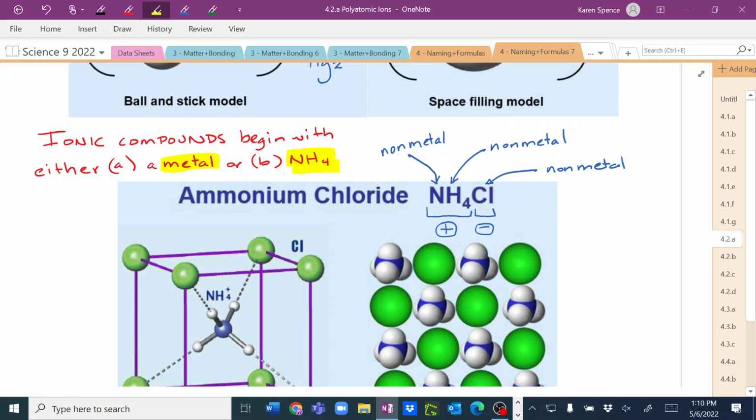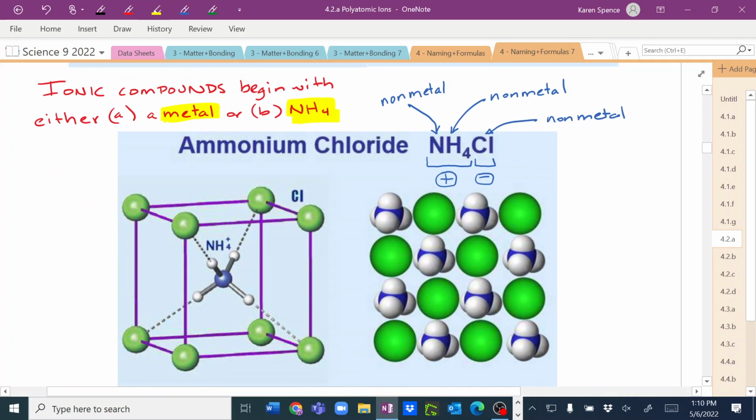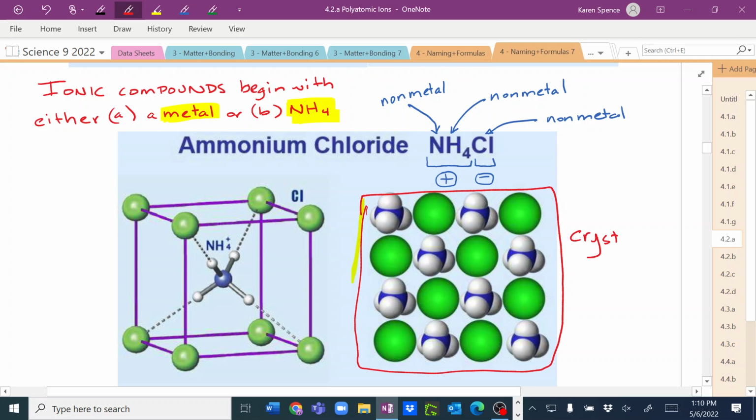And in fact, you can see this structure here. What kind of a structure is this entire thing here? That is a crystal lattice. And if you were to actually label them, we would have our chlorides, which have negative charges, right?